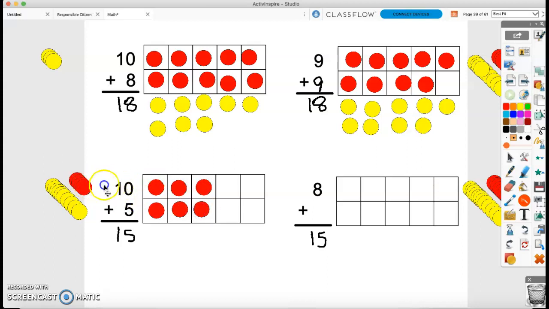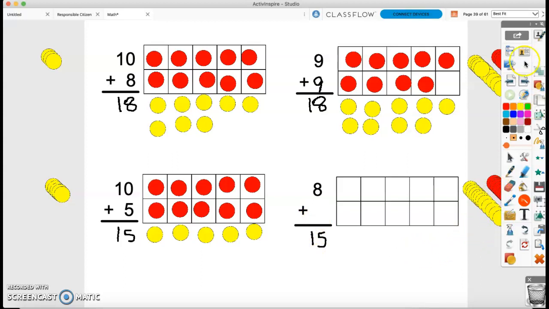We have been working on that in our 10 frame cards with our dots and our spaces. So I know I have 10. And now I have 5 more. So I have to figure out what 8 plus something is 15.